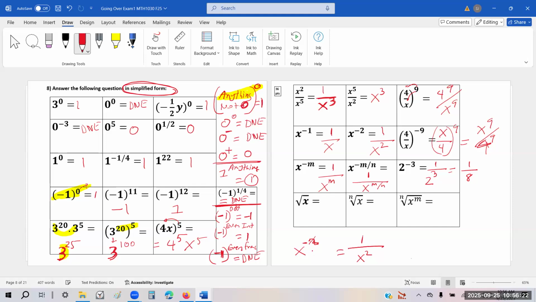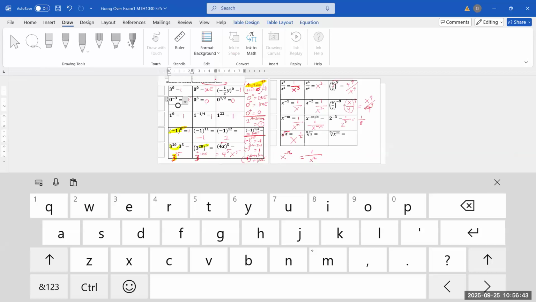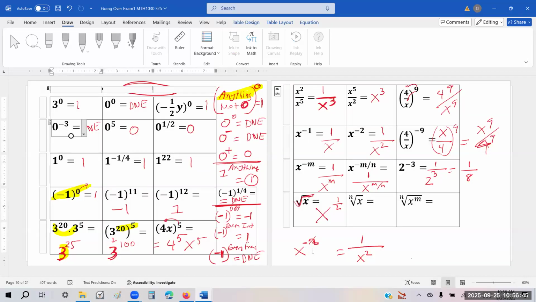But if you have x to the square root of x, it's x without anything, but on the side, on the power, it's 1/2. They are not the same. So radical goes as an exponent, a superscript on the side.